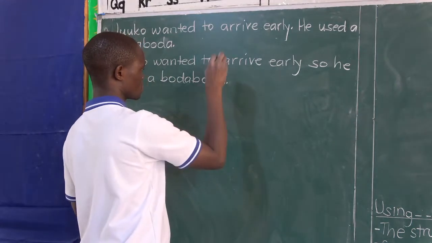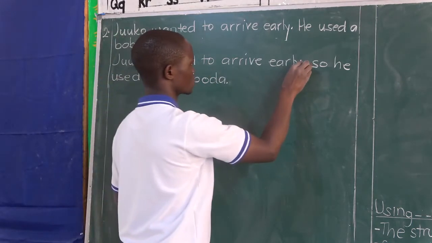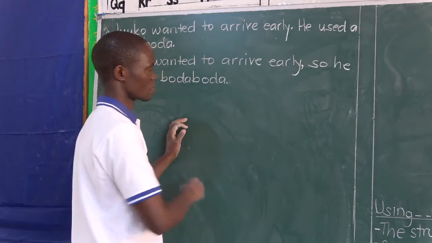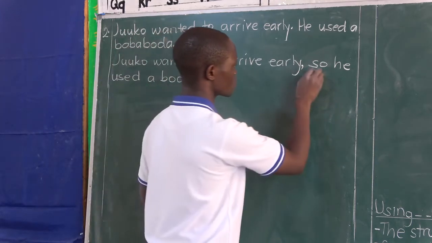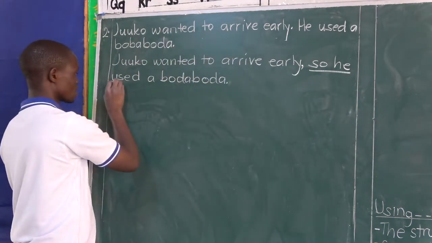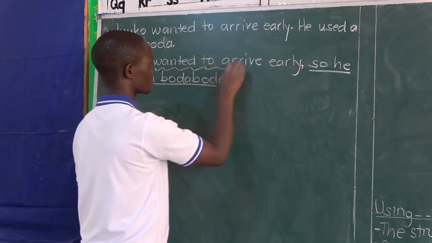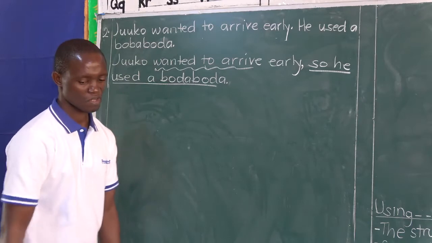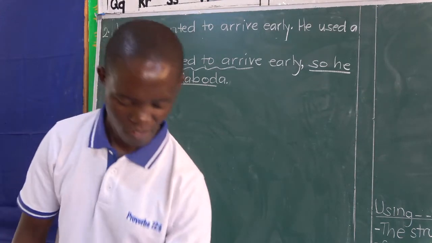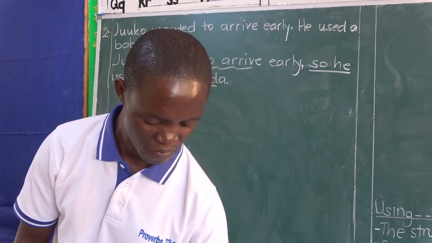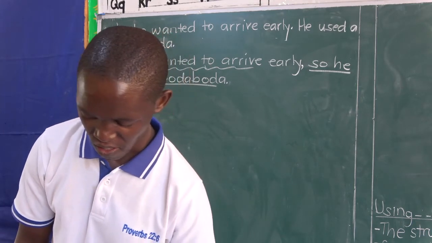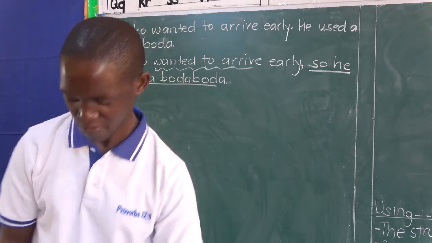One important thing is missing, and that is the punctuation mark. There should be a comma there before so, like we agreed. So introduces the result of wanting to arrive early. If you want to arrive early somewhere, you have got to use a very quick means of transport, and in this case, a boda.